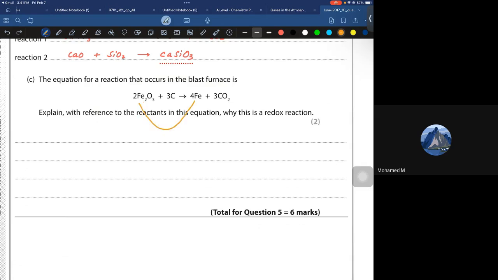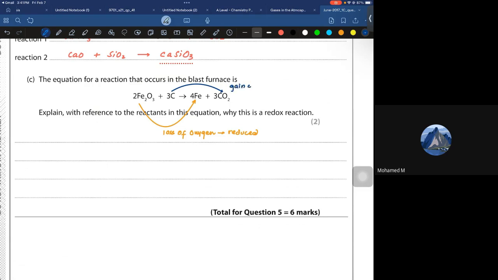It changes into this. So it's a loss of oxygen. Am I right? Yeah. Loss of oxygen is what? Oh, yeah, it's a reduction. It's reduced. And it changes into CO2. It's a gain of oxygen.